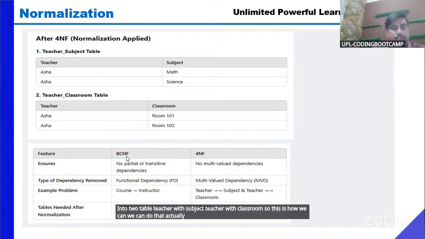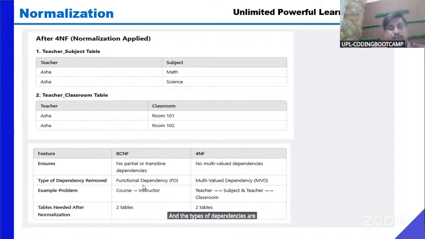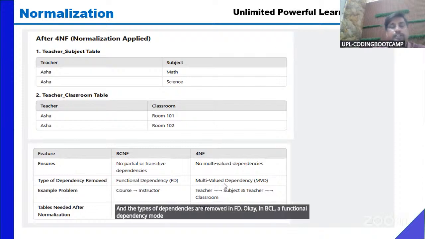So that is BCNF and fourth normal form. BCNF is an extension of third normal form, with no partial or transitive dependencies. In BCNF, functional dependencies are removed; here, multi-valued dependencies are removed.